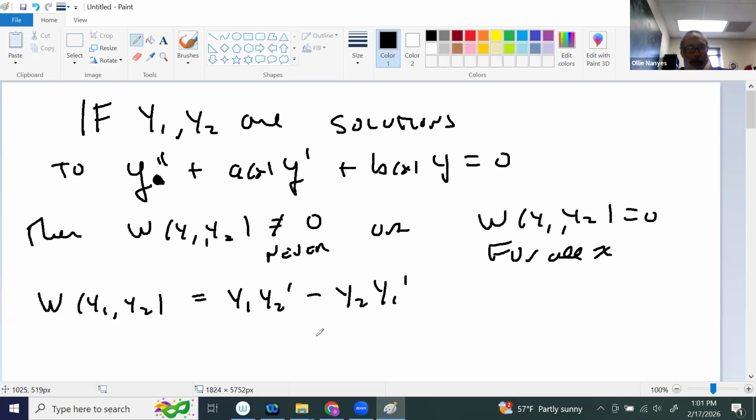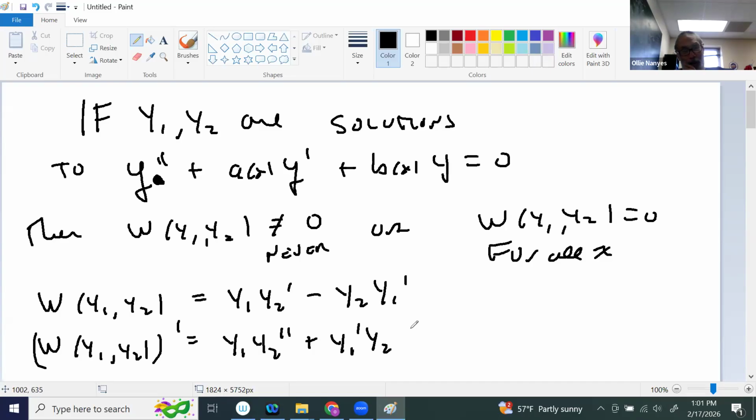y2, y1 prime. Now let's take the derivative of the Wronskian just for the heck of it. And we're going to do something with this. Well, if you take the derivative of the Wronskian, you have y1, y2 double prime using the product rule. Then you have y1 prime, y2 prime.